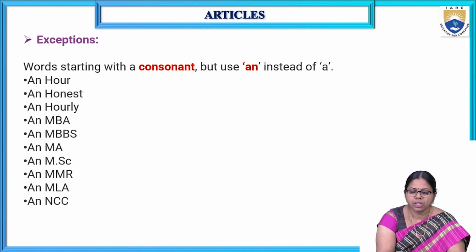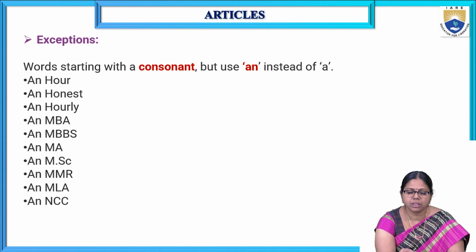So next. Here are some words which start with a consonant and give the vowel sound, like "an hour", as we discussed in our last slide. An hour, even though the word starts with H, when you pronounce this word we get a vowel sound at the beginning.